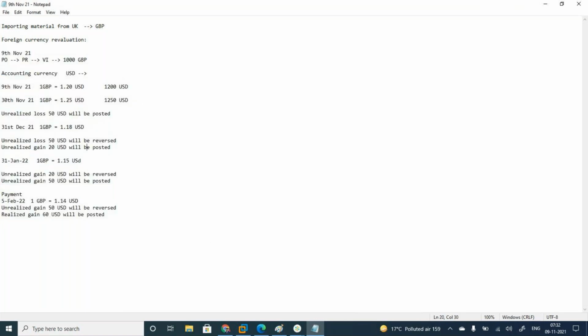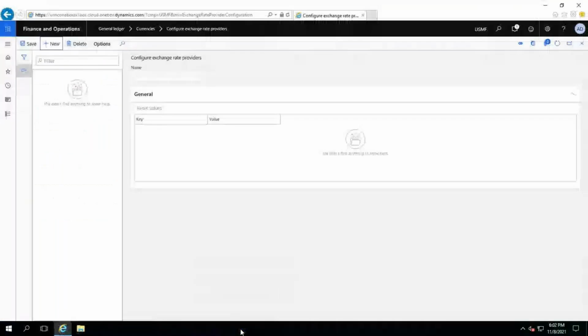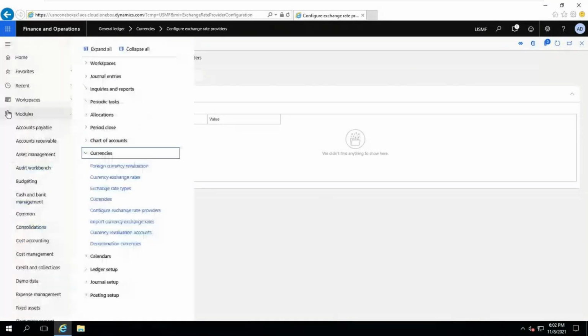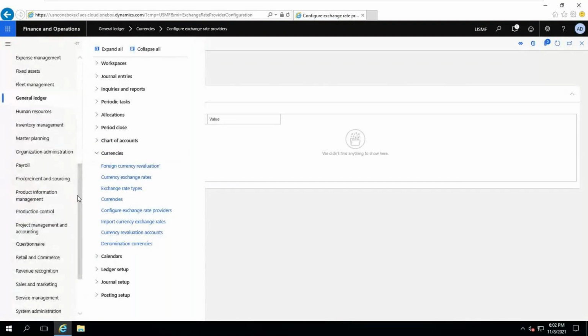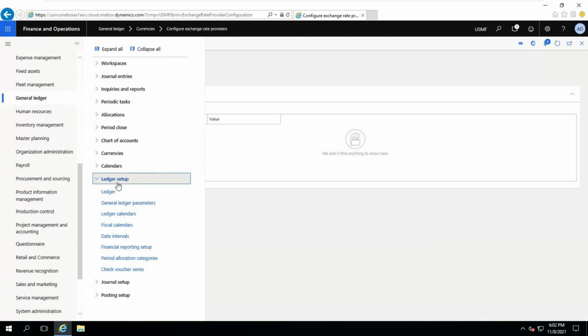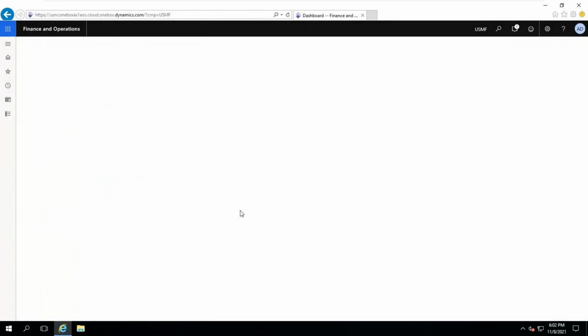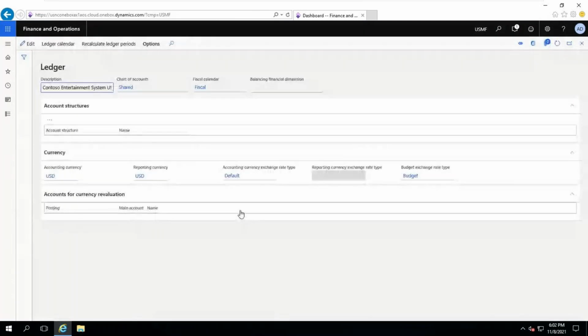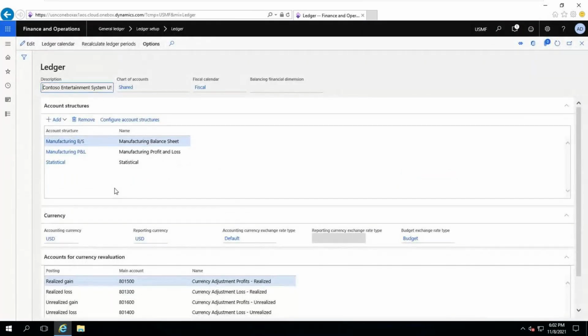Okay, so let me go to general ledger, collapse all, ledger setup, ledger. In this you will find the exchange rate type default, because there are so many exchange rates.